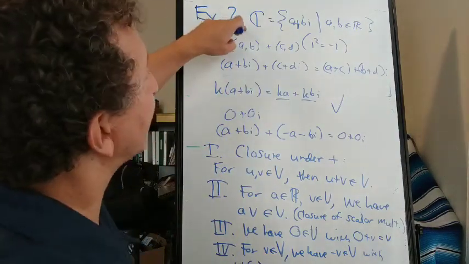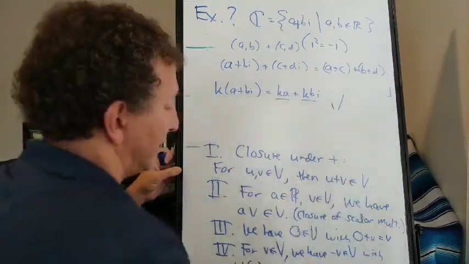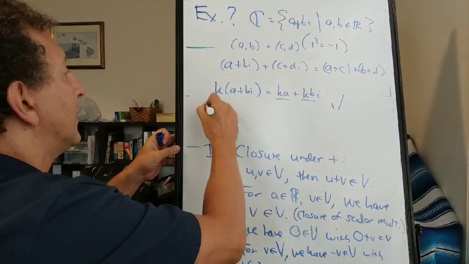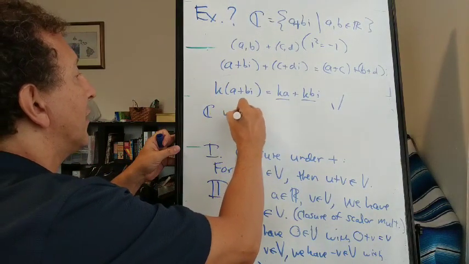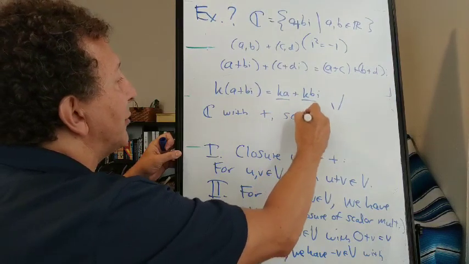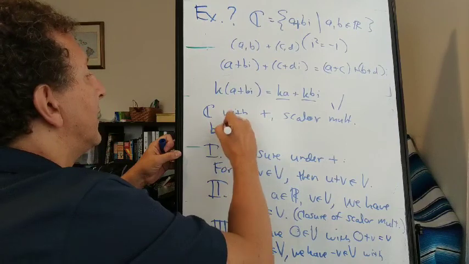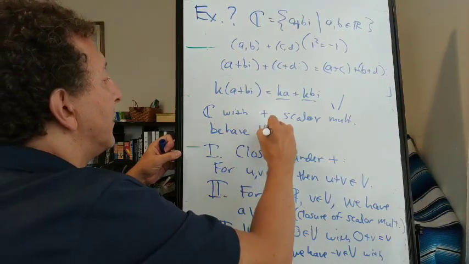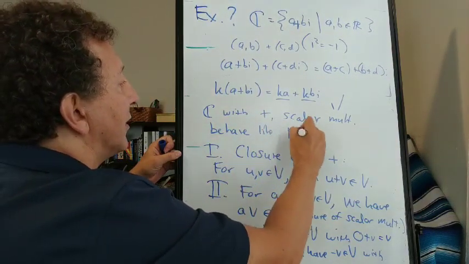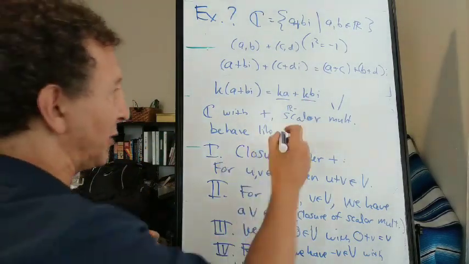So the complex numbers, if we're just adding, work a lot like R2. So complex numbers with addition and scalar multiplication behave like R2. Real scalar multiplication, that is.